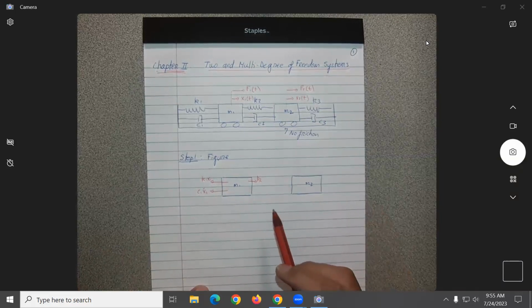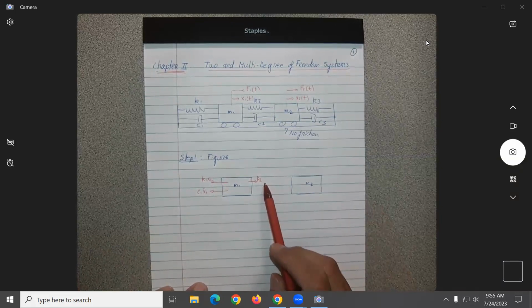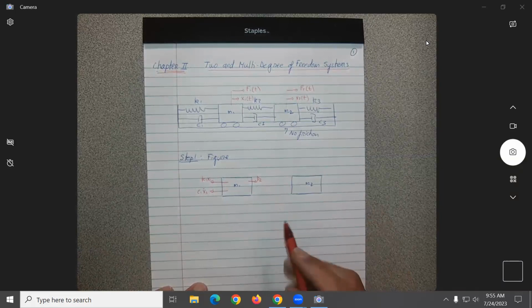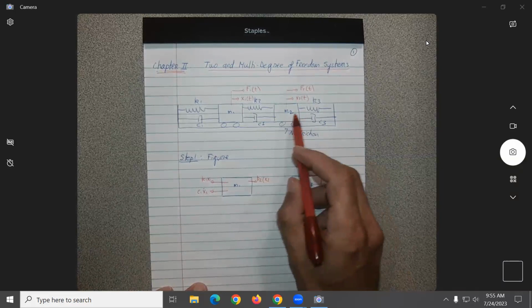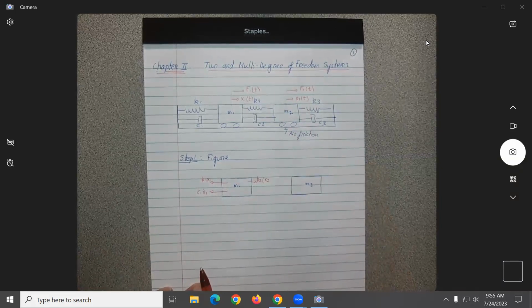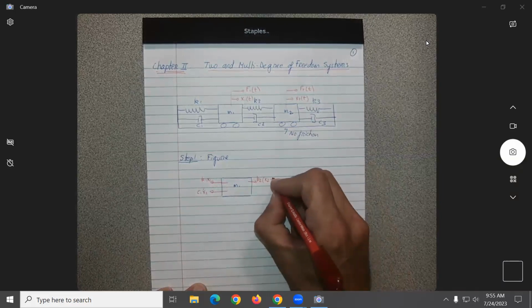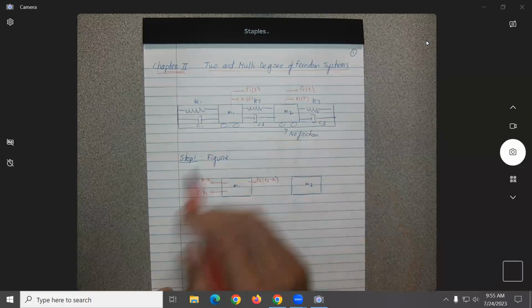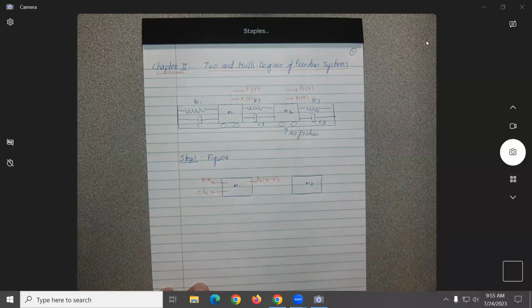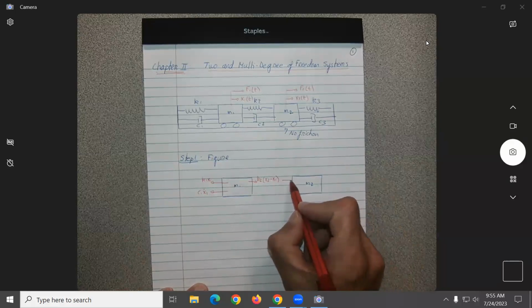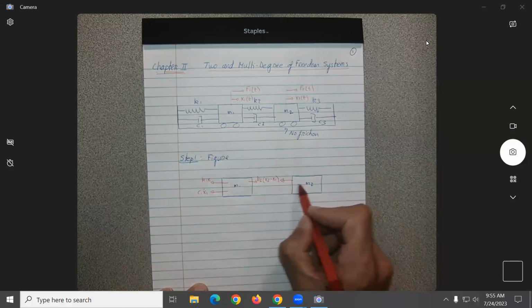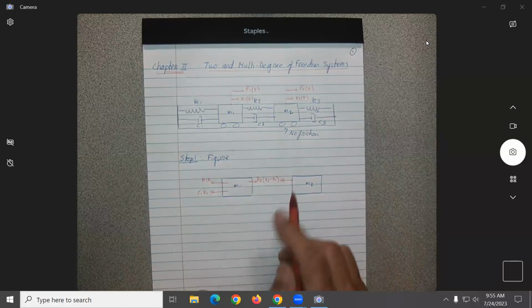This spring here will be creating what force? Will be K2 x2. But this one will also be moving, no? So that one will be moving what? x2 minus x1, because it will be the relative motion between both of them. So now this one is doing this force. It will be the equivalent force on M2, but going in the opposite direction, no? Yes? Okay.